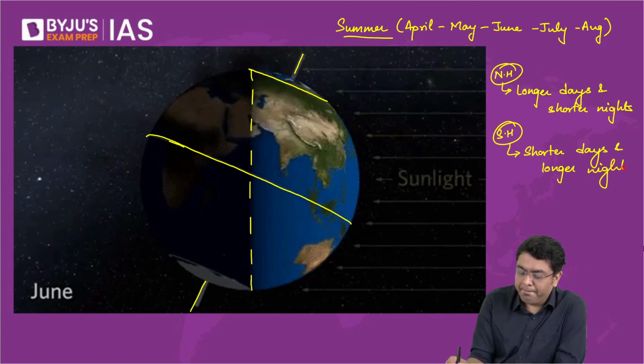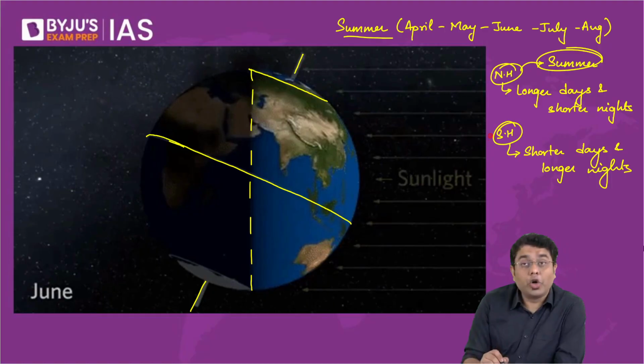Okay? This is what is regarded. When you have longer days means prolonged heating period, so hence summer. And when you have, in the case of the southern hemisphere, shorter days and longer nights means winter.